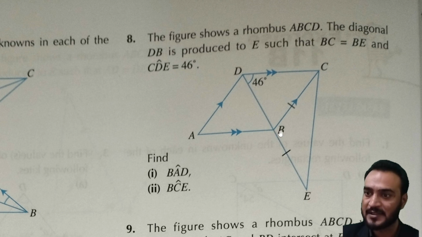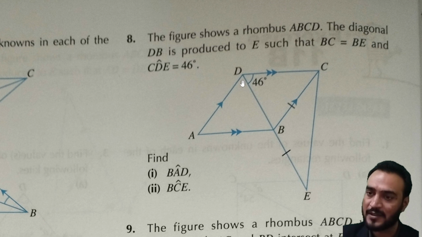If this angle CDE is equal to 46 degrees and DB is the diagonal, you know in a rhombus the diagonal bisects the interior angles, then angle ADB is also 46 degrees. Angle CBD is also equal to 46 degrees. Angle ABD is also equal to 46 degrees.